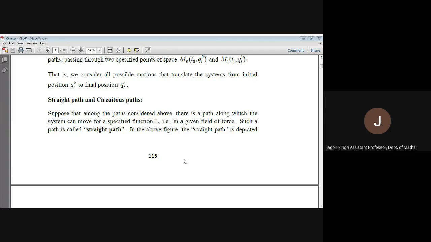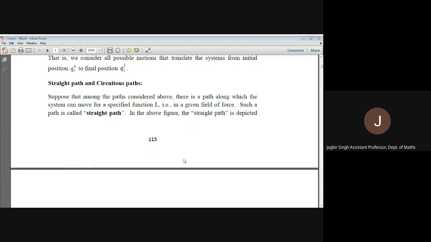If we move from the initial position to the final position along a straight line path, then that very path is termed a straight path. Otherwise, all the remaining possible paths are known as circuitous paths.